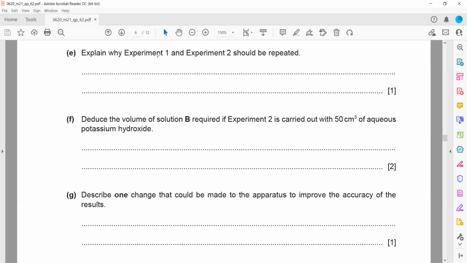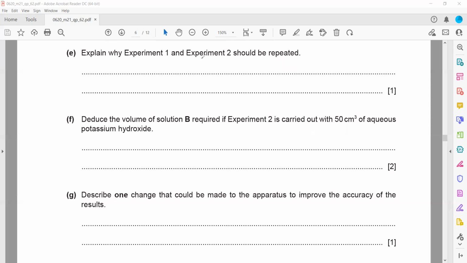So why should it be repeated? To find an average, which is more accurate. Or we can also say to find the anomalous result. Anomalous result means when a random error is there, your result might not be in the range, that is known as anomalous.